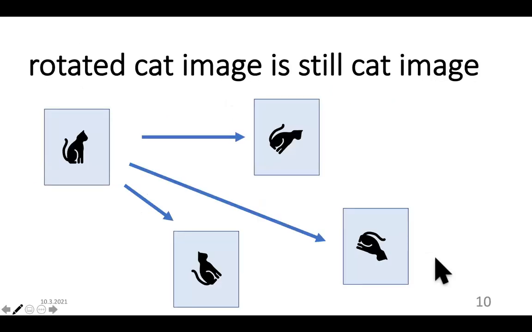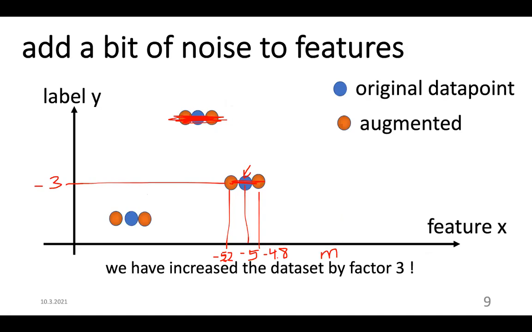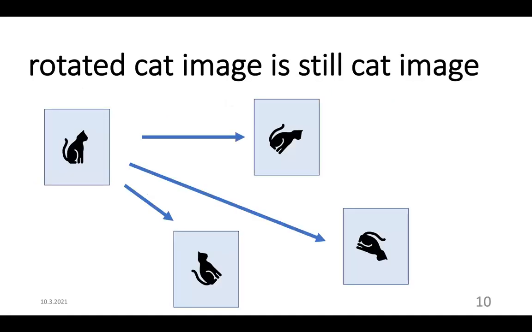Another example to augment data is to use symmetries in images. For example, a cat image. So if you want to build a hypothesis that predicts if an image shows a cat or not, then this hypothesis should output the same label, cat or no cat, if you rotate the image.